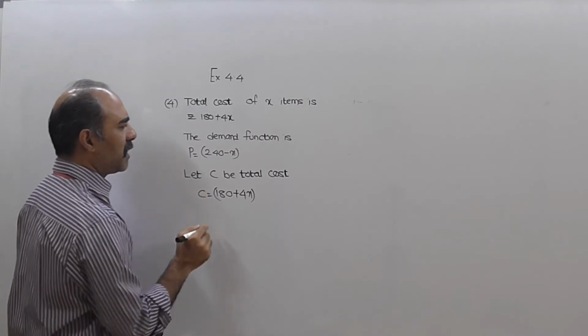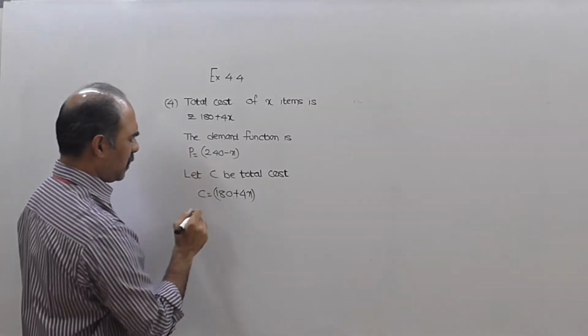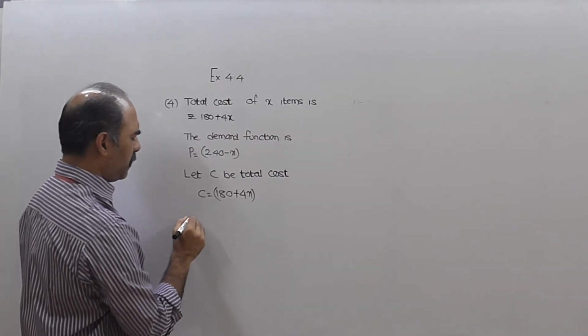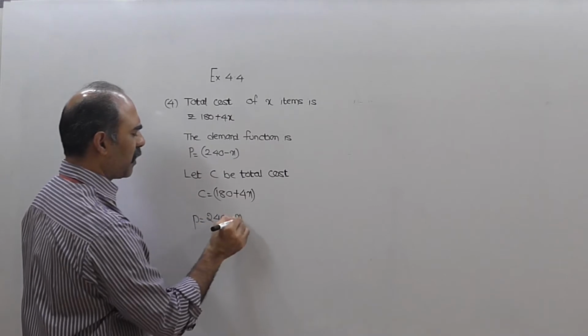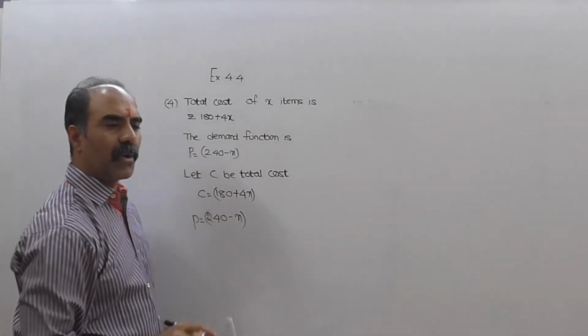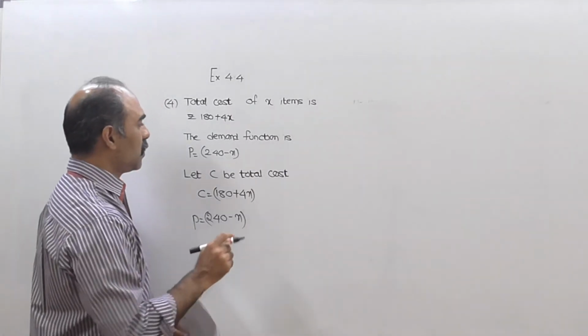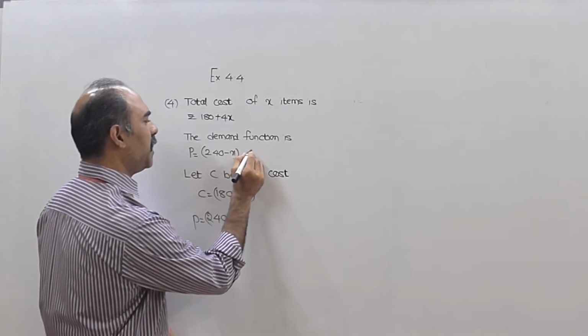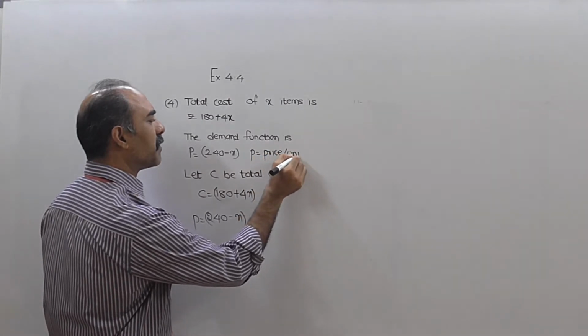Now they have given that the demand function is 240 minus x. So P equal to 240 minus x. P you can call it as a demand function. P is also called as a price. So P is nothing but price per unit.